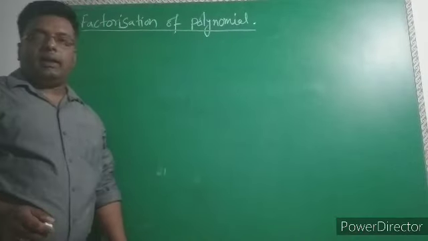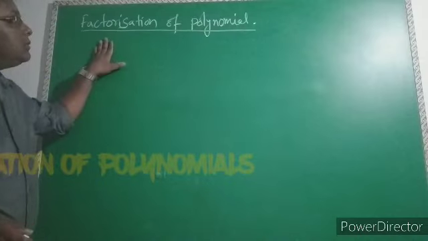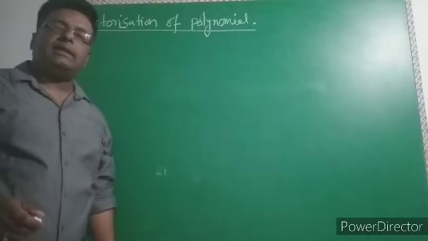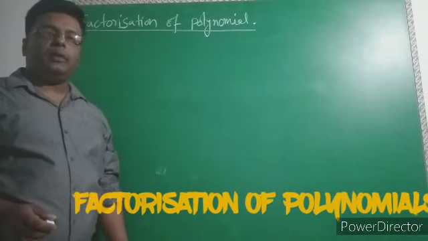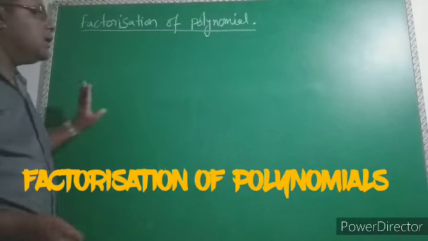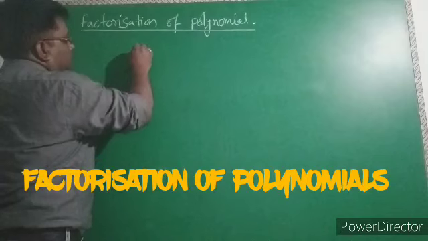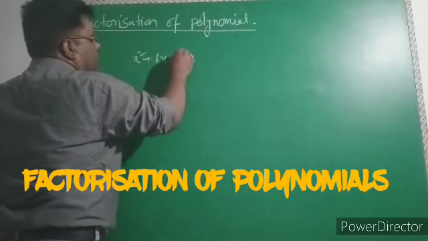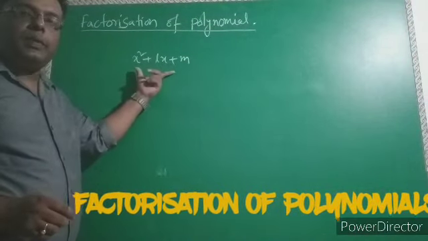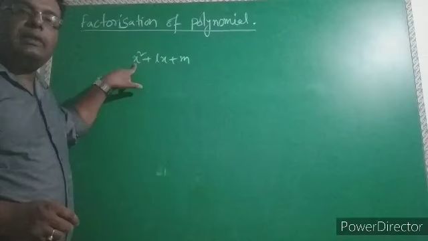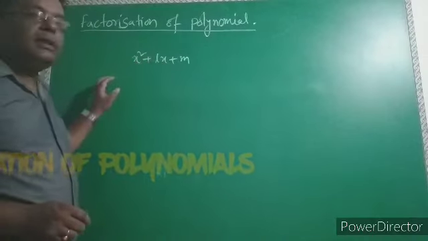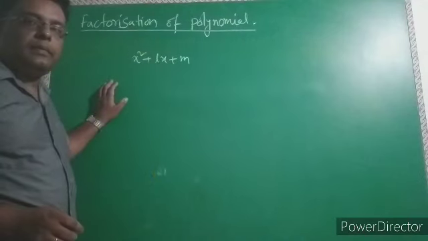So our next topic is factorization of polynomials. Here we will generally discuss quadratic and cubic polynomials. In the case of a quadratic polynomial, if the polynomial is of this form, x square plus lx plus m, that is, the coefficient of x square is 1, then we can factorize it using splitting the middle term.